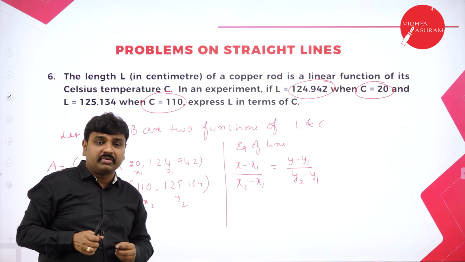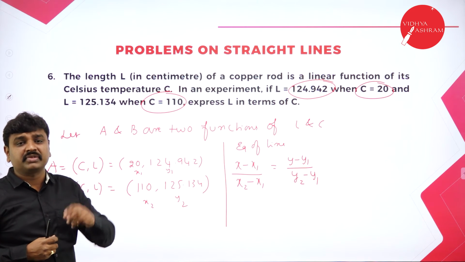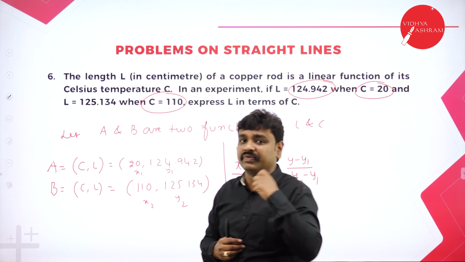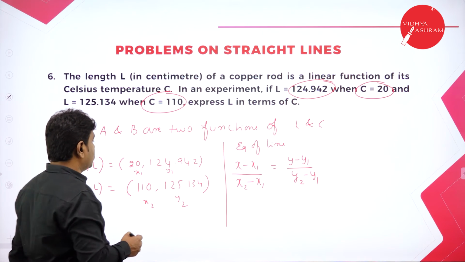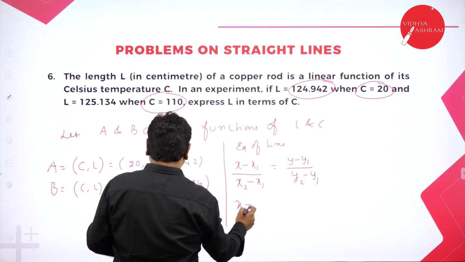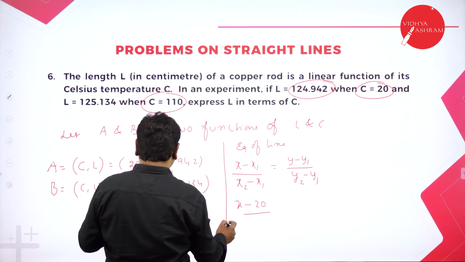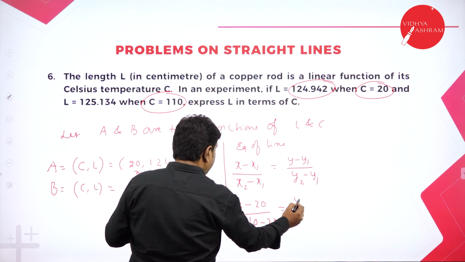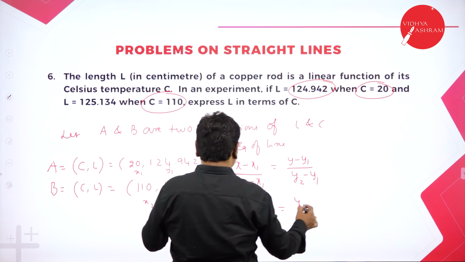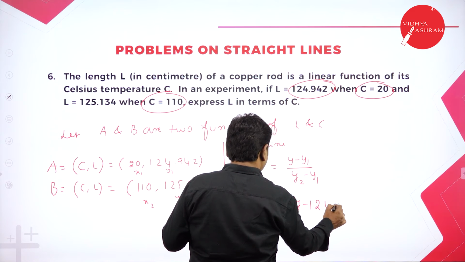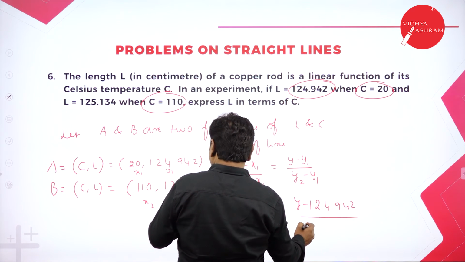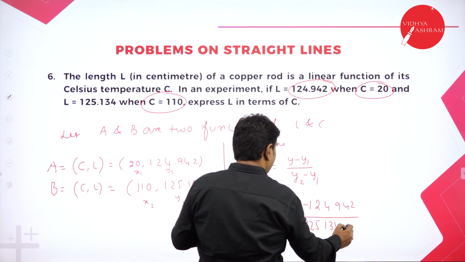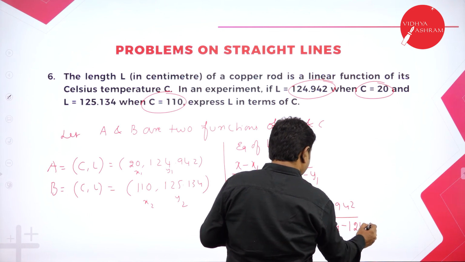When you know 2 points on the line, directly we can frame the equation of the line like this. Using that, x minus 20 divided by 110 minus 20, equal to y minus 124.942 by 125.134 minus 124.942.